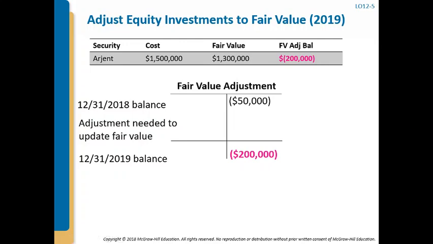Here, the fair value has now gone down to $1.3 million. So you need to have the balance in the fair value adjustment account down to $200,000. So you're going to have to make up for that by crediting fair value adjustment for $150,000, and that's going to be the amount of your unrealized loss.